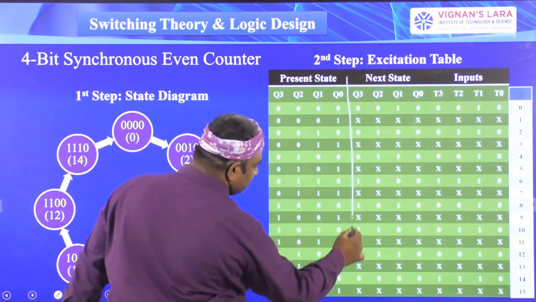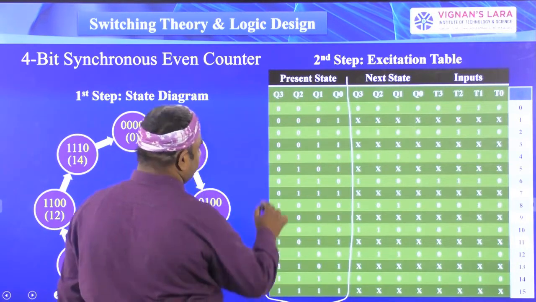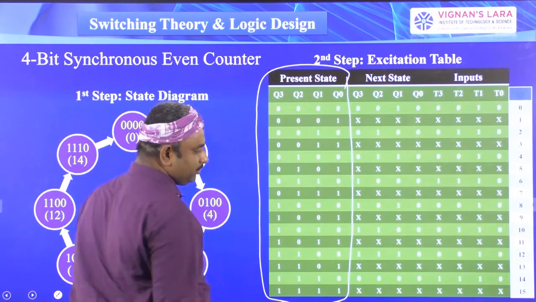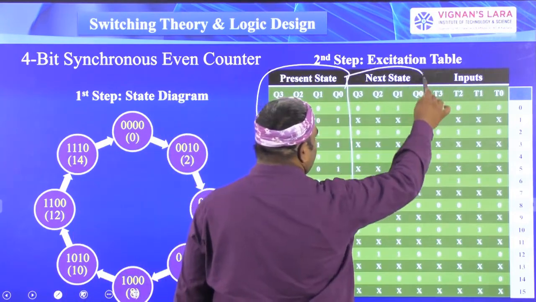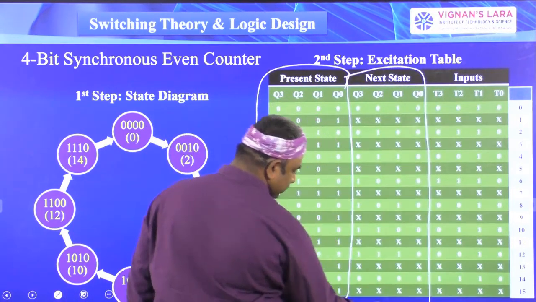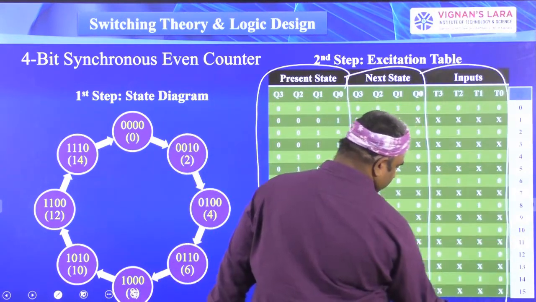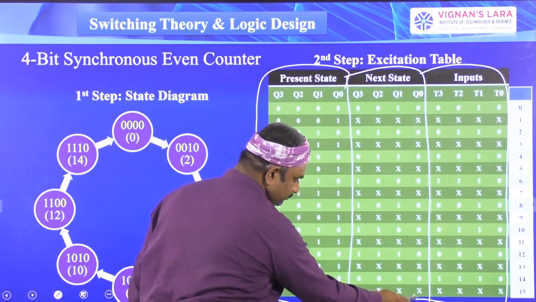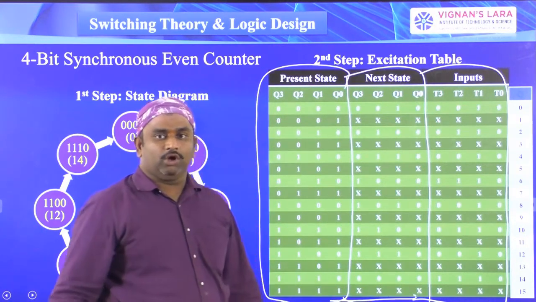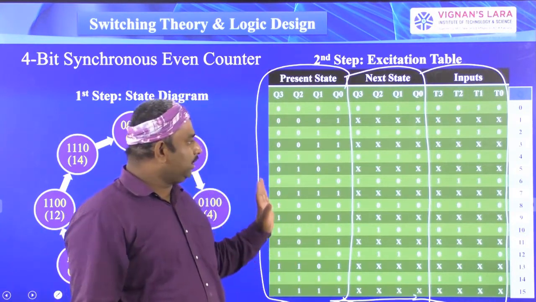These are the present state outputs. Next, these 4 are the next state outputs. And coming to here, these are the inputs.